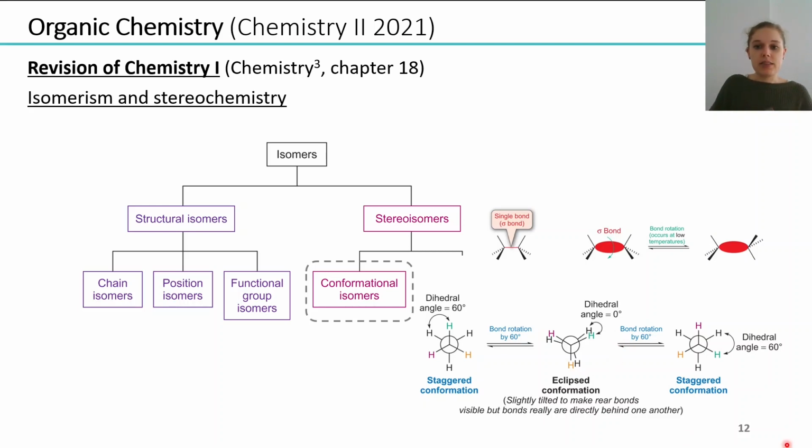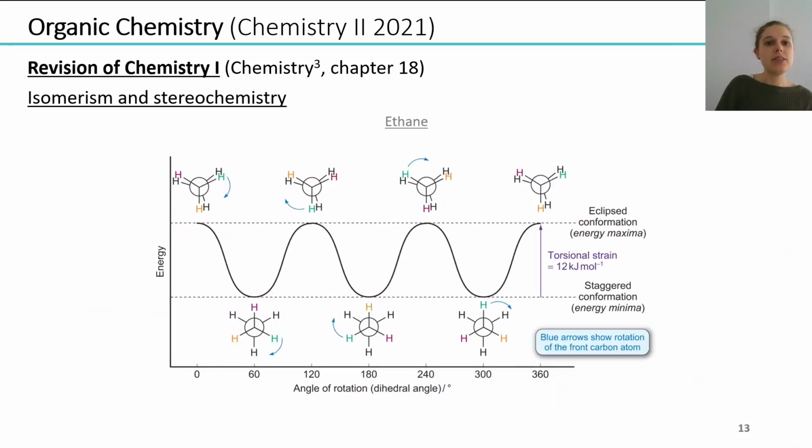And we can then more or less say that this dihedral angle determines the energy of the isomer. And here you can see a plot of the relative energy of the conformation versus different dihedral angles.